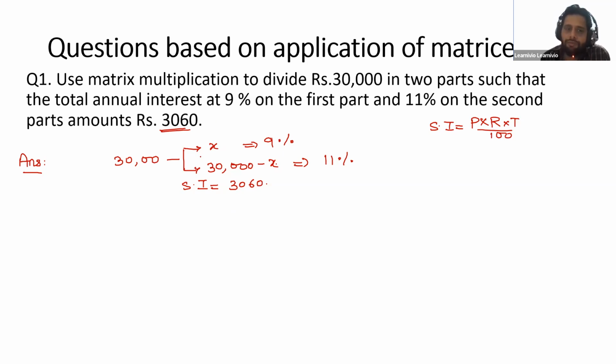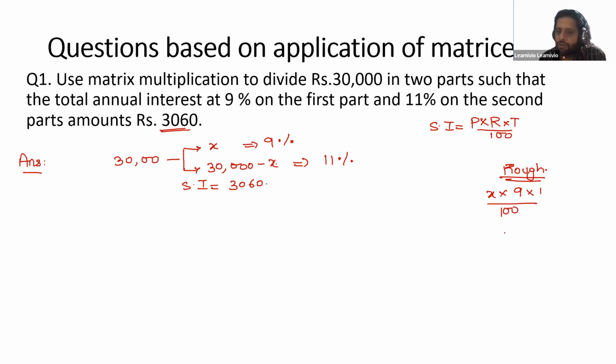Okay, so principal we have first. Now this part you need to do on the rough page. There is no need to represent this part. So before making any matrix, please make an equation in the rough part so that you will have an idea of which order you need to make the matrix. So the first equation: the principal, which is x. What is the rate? Rate is 9% on the first part. Time is annual, they are saying annual interest, so we are taking this one by 100. So first we need this.